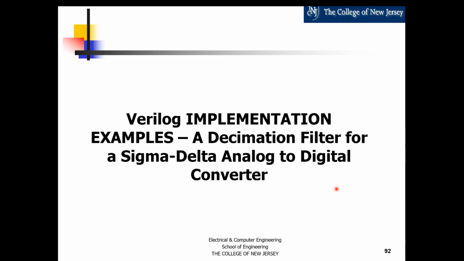And then point out that if you were designing this digital filter, which is just a part of it, everything around it, which is part of this analog to digital converter, even though it's not digital, could be modeled behaviorally as part of your test bench to test your one piece of digital logic, which is this decimation filter. So that's just for context. I'm going to give you kind of a top-down presentation of what it is.